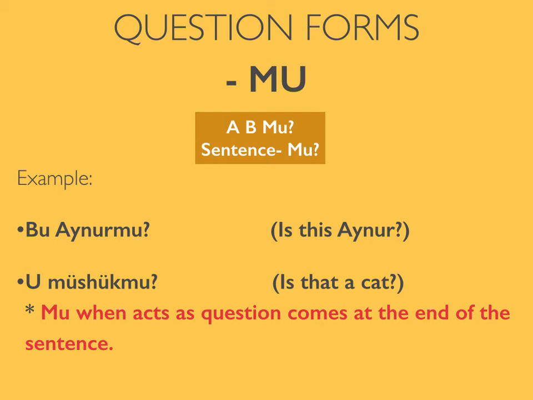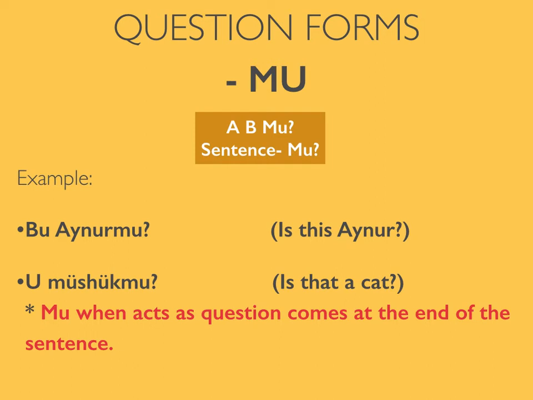Anyway, remember, this is like a note. I told you from the beginning, Uyghur is an SOV language. That means subject, object, verb. So the question particles and everything come at the end. Bu Aynur mu? Is that Aynur? So A B mu, or you say a whole sentence and then say mu. A B is a sentence form, so I think it's actually redundant here.